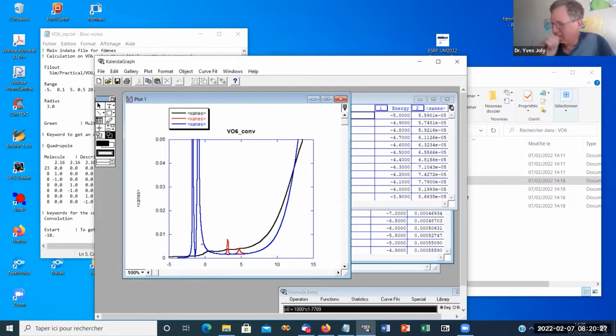So maybe some of you know what this comes from. So it's due to the selection rule. In fact, the dipole selection rule is delta L, the difference between the L of the initial state and of the final state, equal to plus or minus 1.